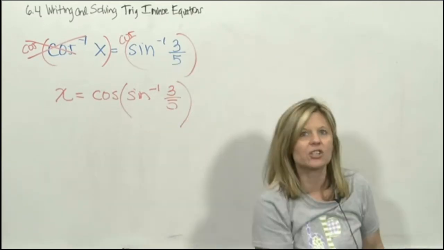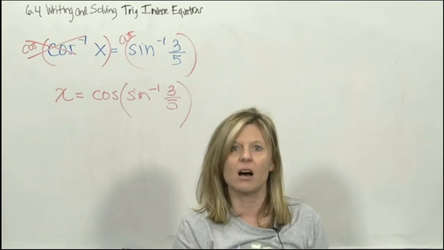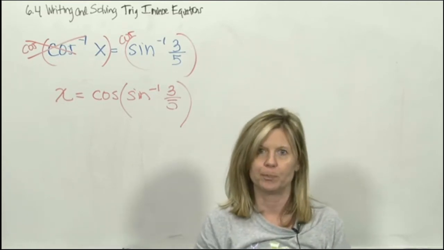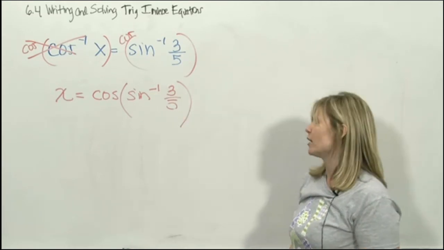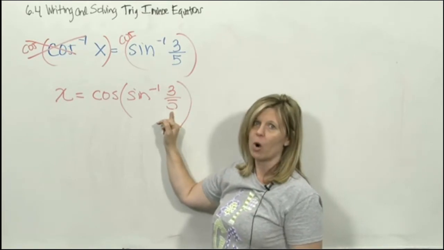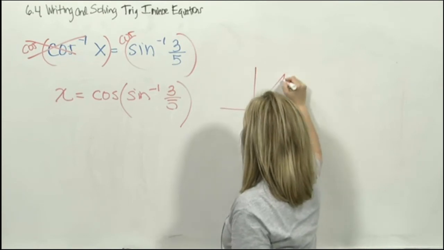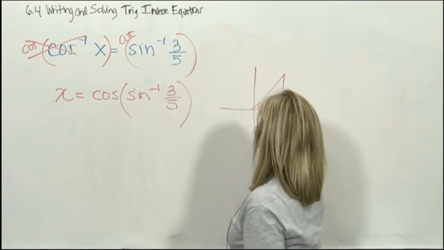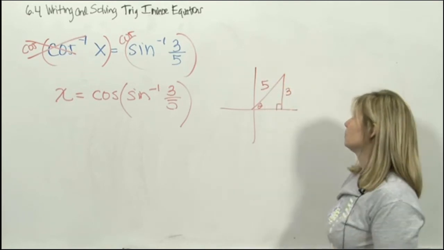Trig is a relationship between an acute angle and two sides of a right triangle. 3/5 is the sides of a right triangle. Because this is positive, I'm assuming the triangle's in quadrant 1. Here's my angle theta. Sine stands for y over r.